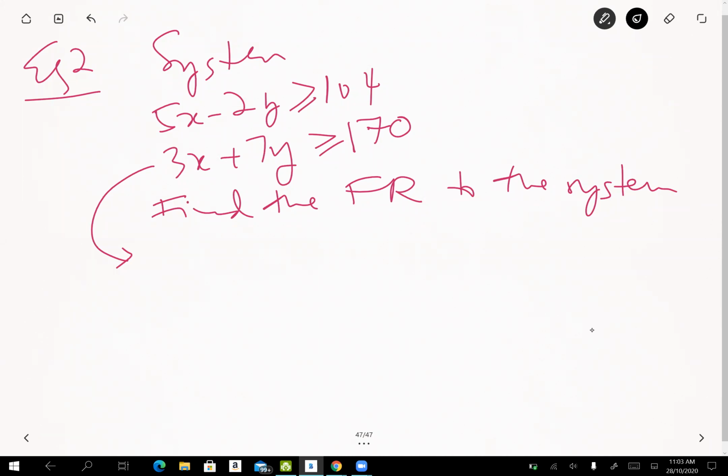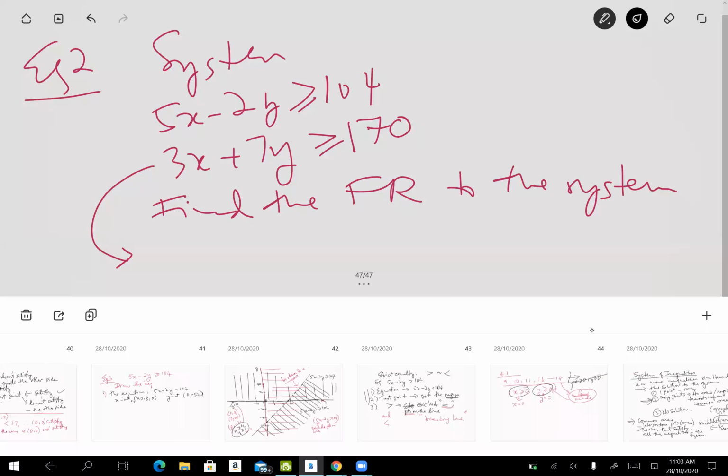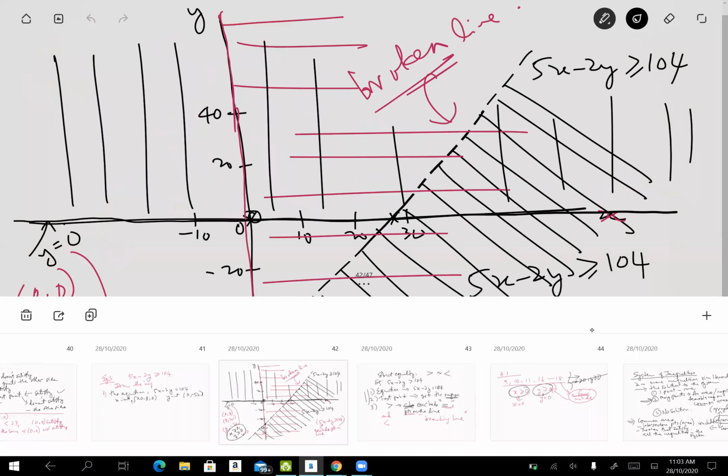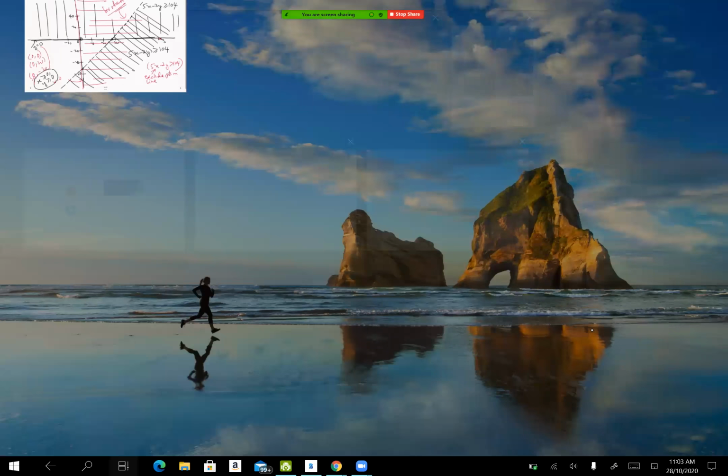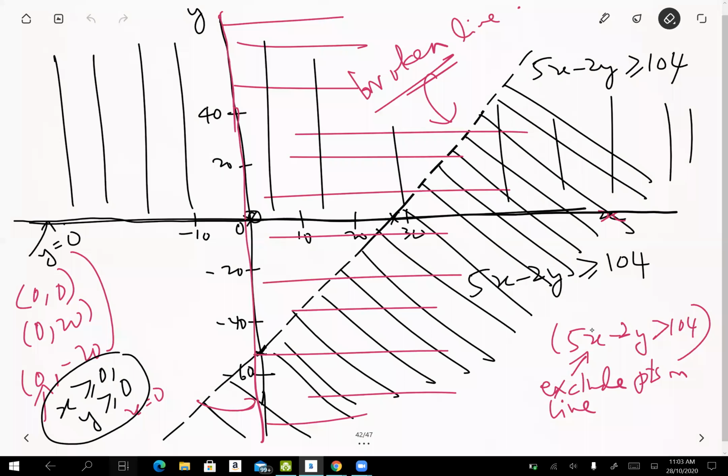Now you draw on the same graph. Okay, go back to the graph. You draw the graph, all right, and then see what we get. So what I will do, I will clear out all these things here so that we can include that new inequality.